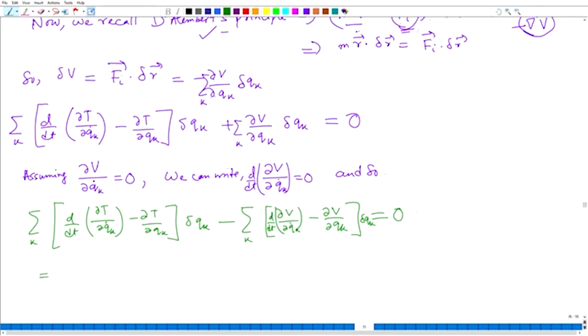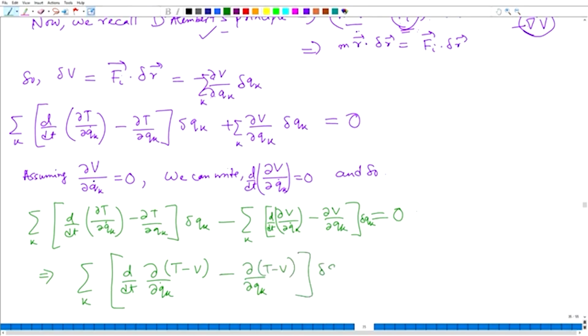I can finally write, take a global summation over k d/dt of del del q k dot of T minus V minus del del q k of T minus V times delta q k will be equal to 0.